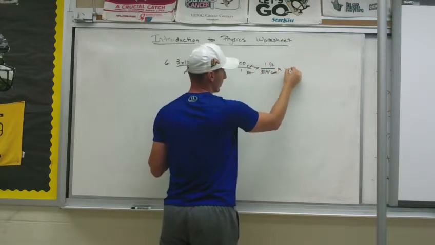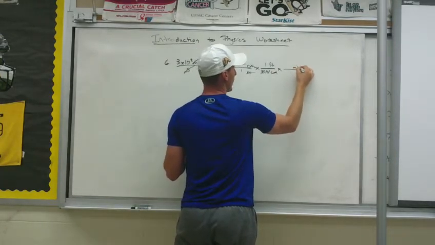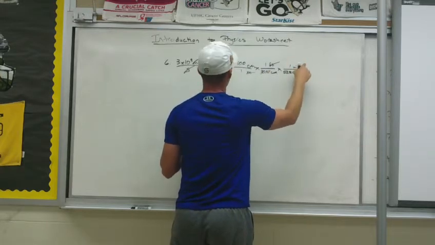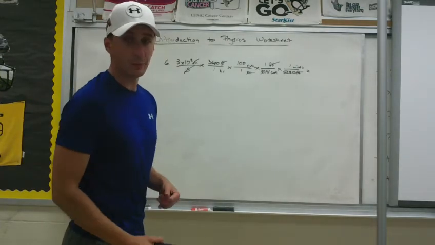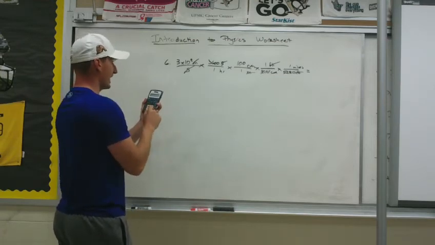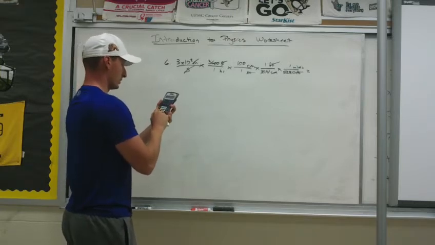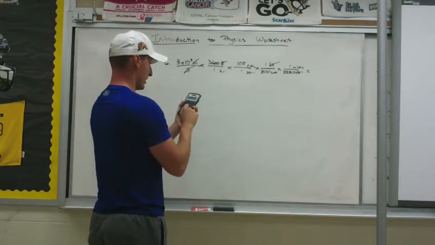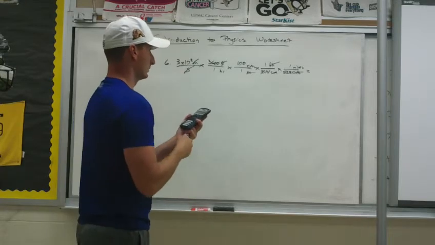Centimeters cancel out. I want to go to miles. So I go feet, miles. 1 mile, 5,280 feet. Feet cancel out. I'm with miles per hour. Exactly what I want. So again, anything on top I multiply, anything on the bottom I divide. 3 EE 8 times 3600 times 100 divided by 30.48 divided by 5,280.